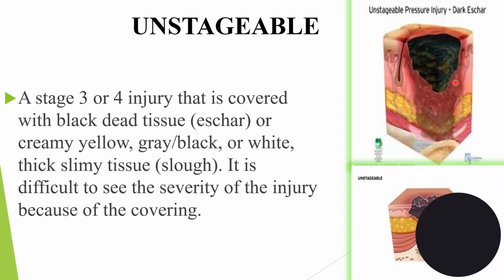But it is covered with darkened tissue, so we cannot see how deep it goes. It is difficult to see the severity of the injury because of the covering by the darkened tissue. So this we call an unstageable pressure injury or unstageable decubitus ulcer.